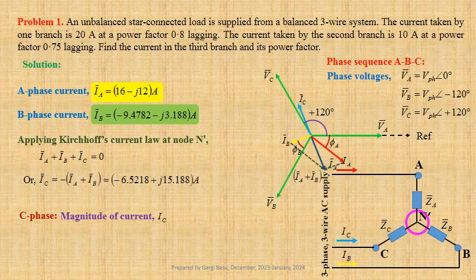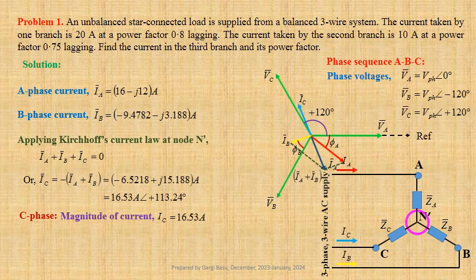This may be written in polar form as 16.53 ampere at an angle plus 113.24 degree. Therefore, magnitude of current IC equals 16.53 ampere, and current flowing through the C phase leads the reference by an angle 113.24 degree.